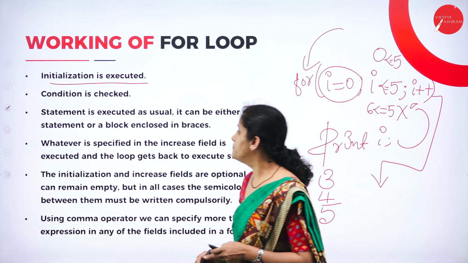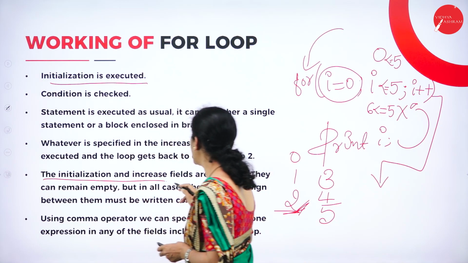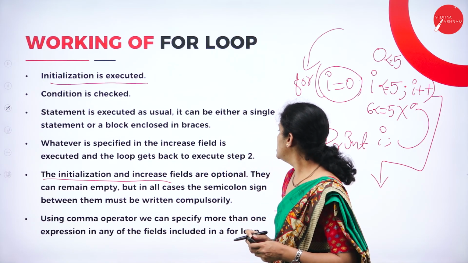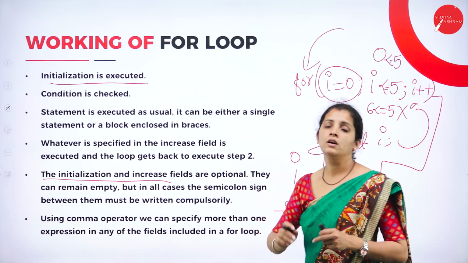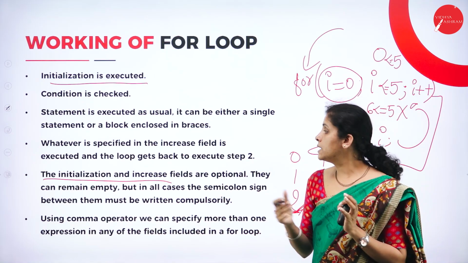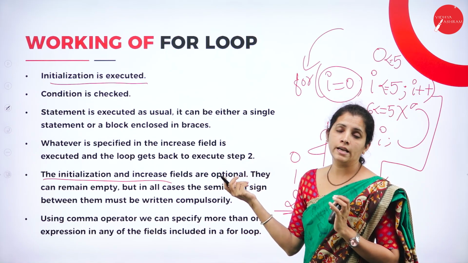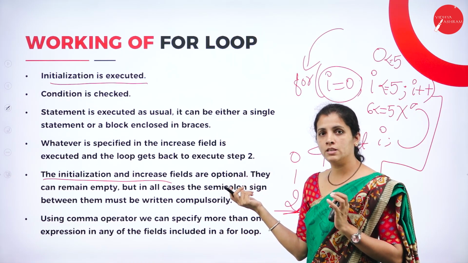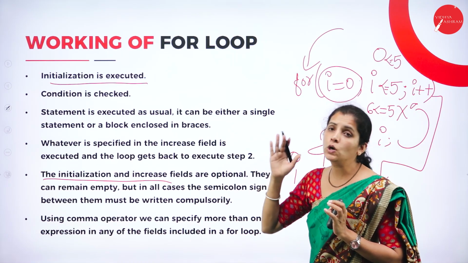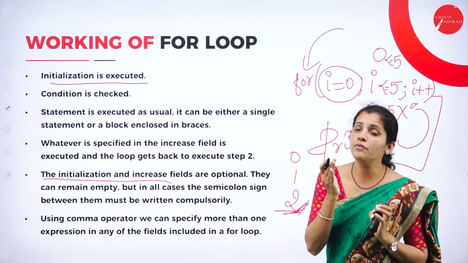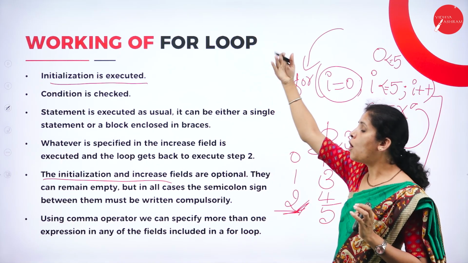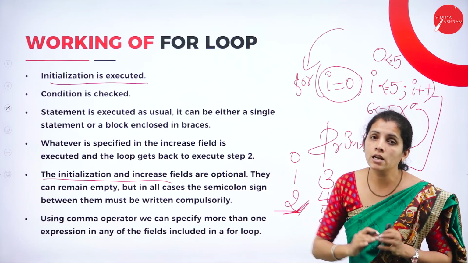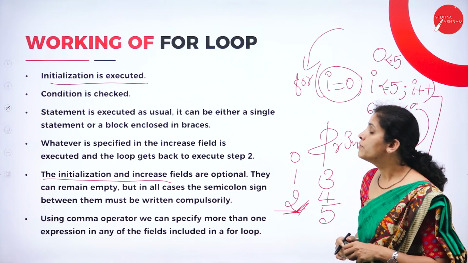Now see here, the initialization and increase fields are optional. So initialization as well as increase or decrease fields are optional. That means I can have an initialization field in my for loop or a decrement or increment field in the for loop.